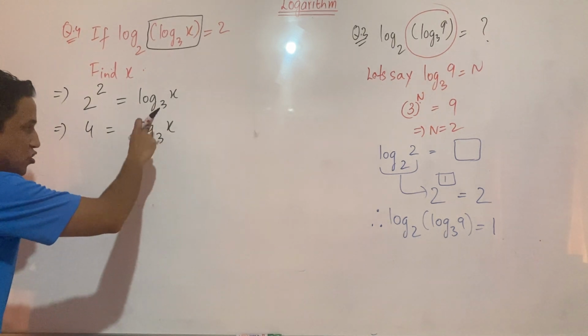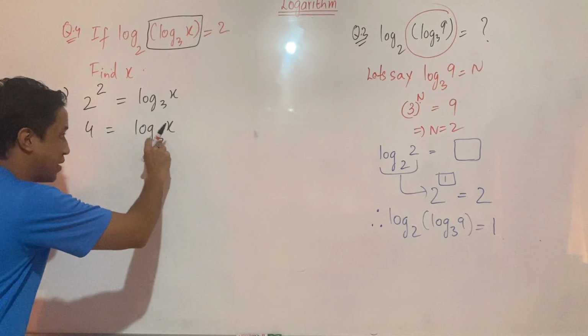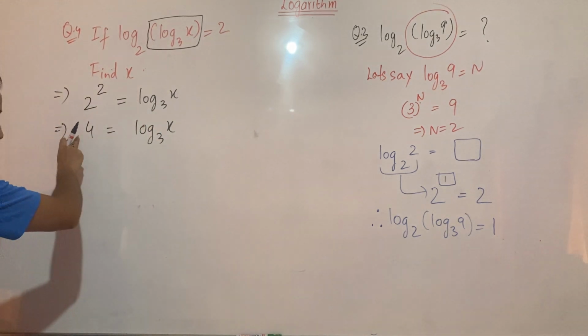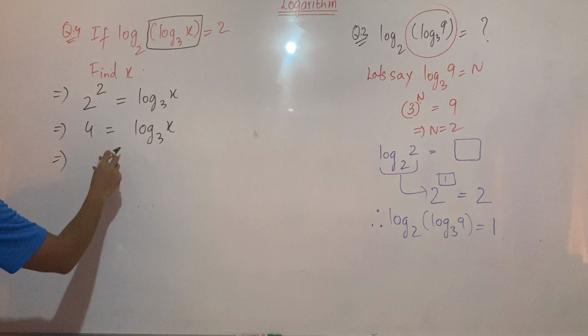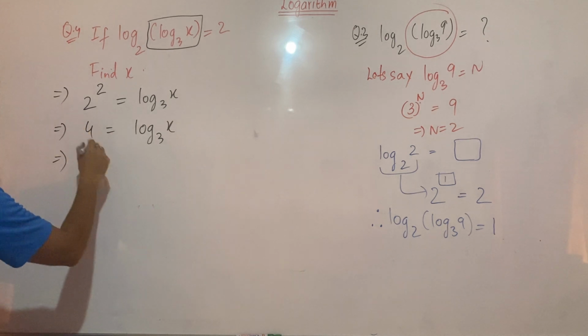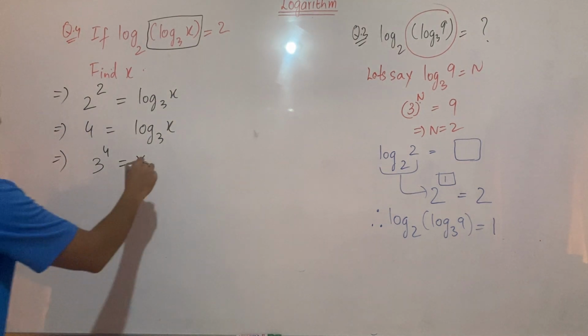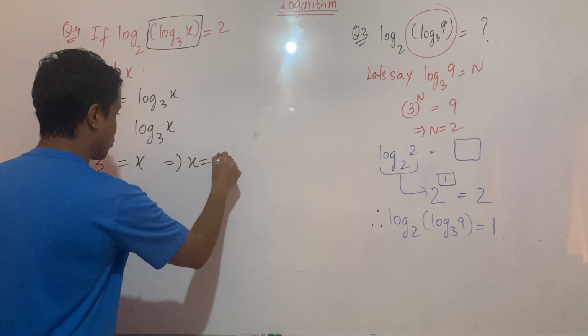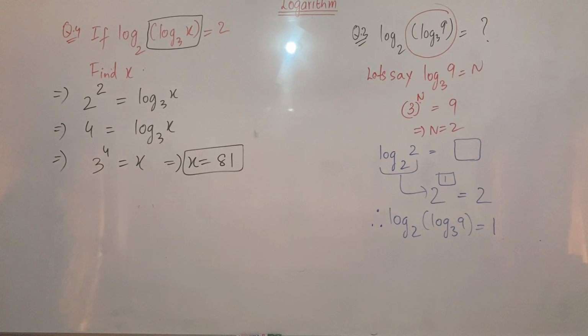It means that you have to raise this base 3 to the exponent 4 to get x as your answer. So 3 to the exponent 4 equals x. If you solve it, your x is going to be 81, right?